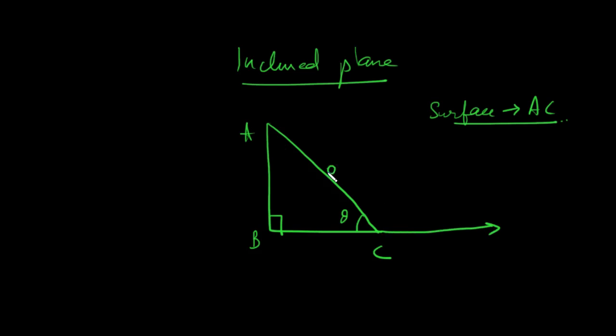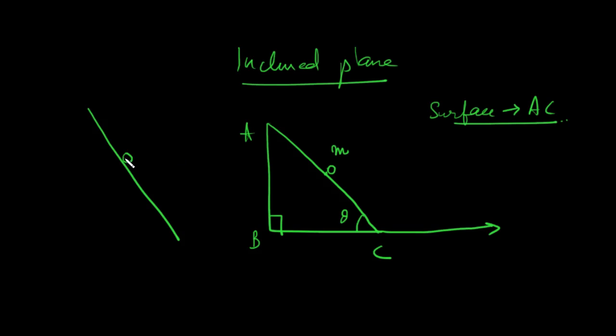Now I want to know, for example, if the particle is of mass m, what are the forces on the particle? Just tell me. First you draw this surface and this is the particle. In a free body diagram, we always draw the forces on the particle.